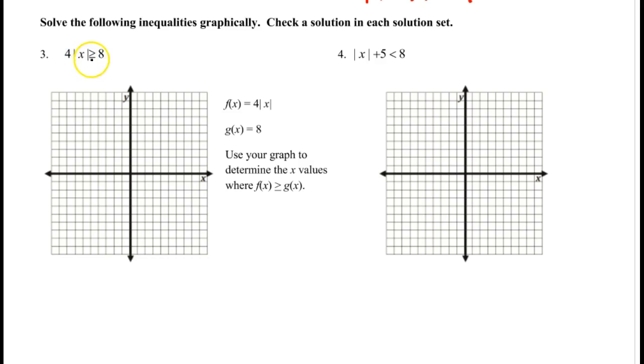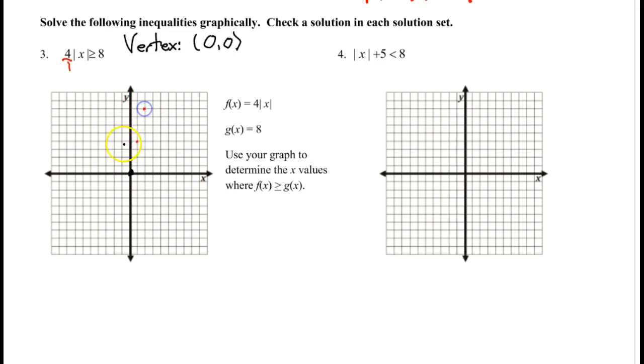So let's see here. We're going to have a vertex here is going to be 0, 0, because there's no number inside, there's no number being added outside, so it's just 0, 0. And the slope is going to be 4 over 1, so I'm going to go up 4 over 1.